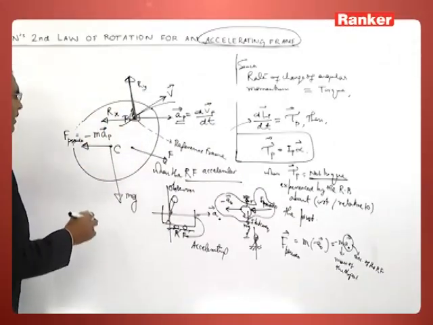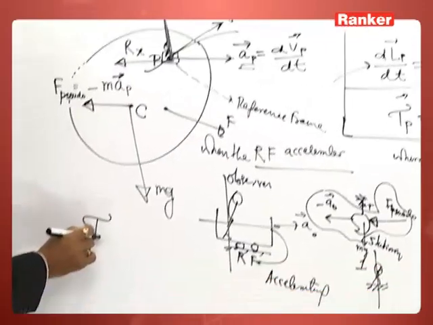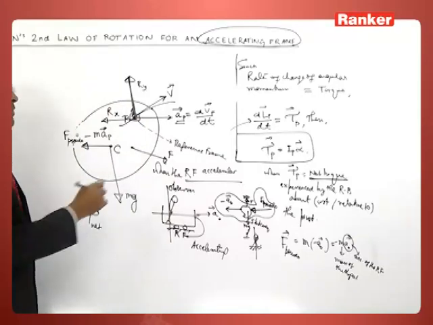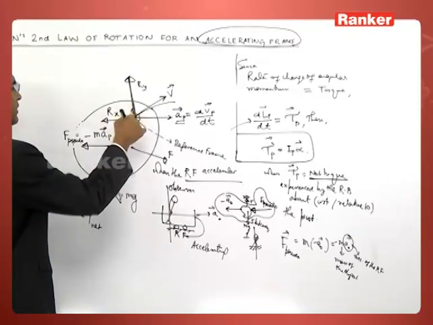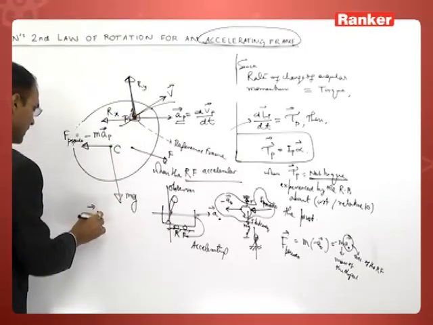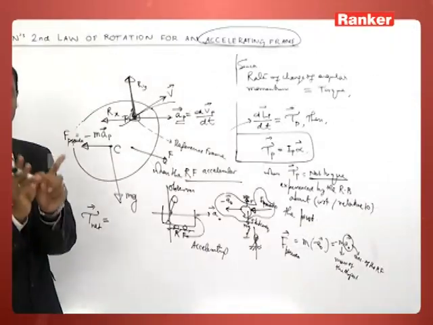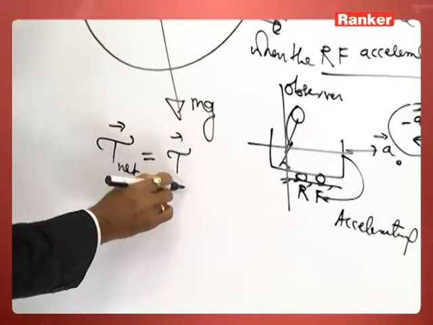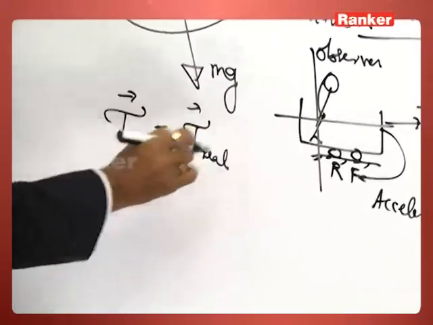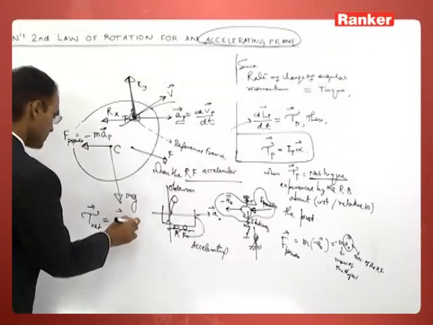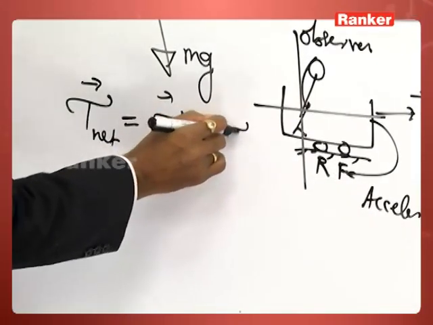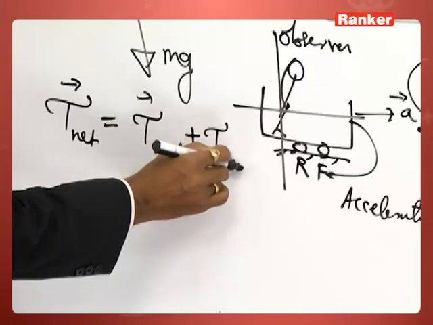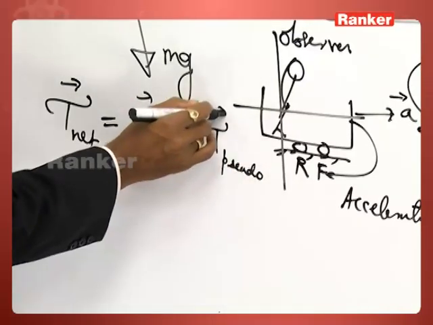Therefore, the torque experienced by the object about this pivot is divided into two parts: the torque due to real forces and the torque due to fictitious or pseudo forces.